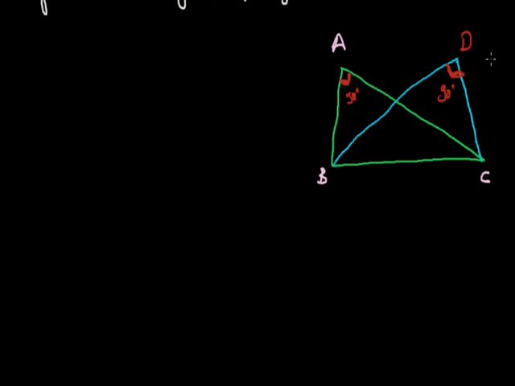Also it is given that side DB is equal to side AC. Now we have to prove whether the two triangles, triangle ABC and triangle DCB, are congruent or not.